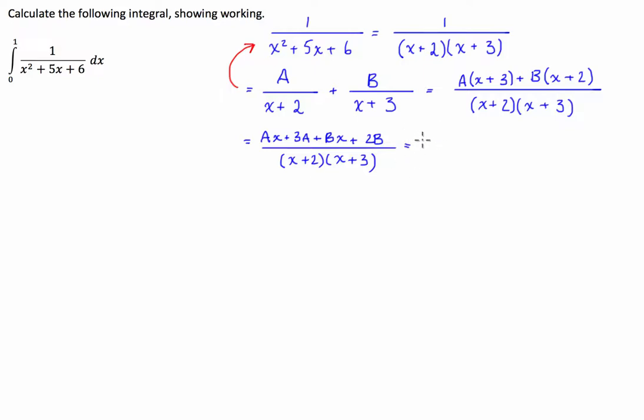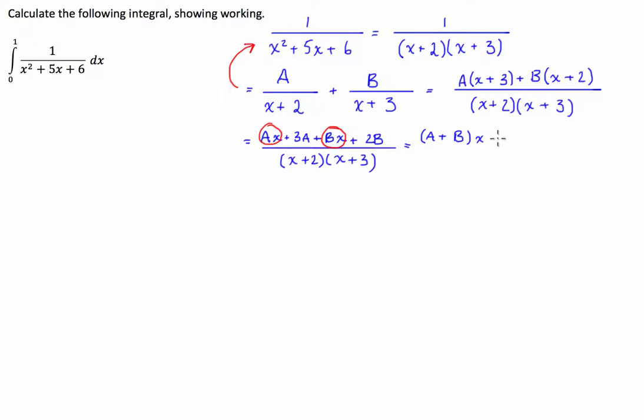They both share a common factor of x, so that's (A plus B) times x. So I've factorized this part and this part.